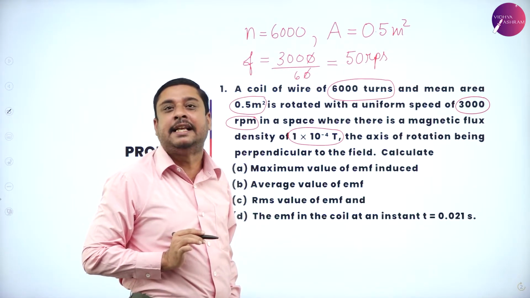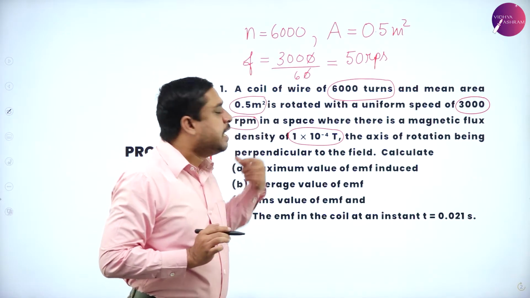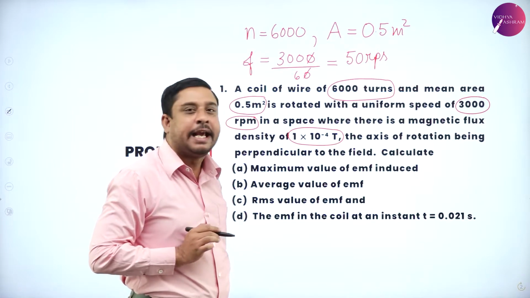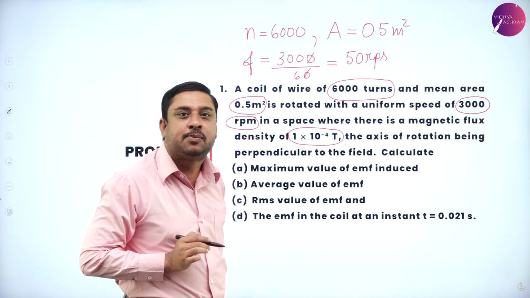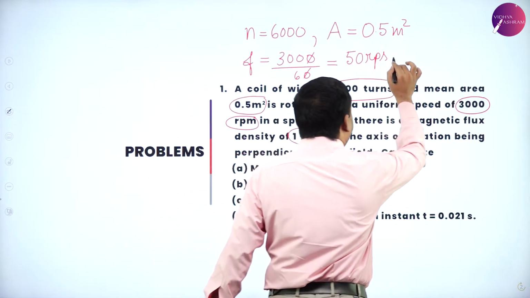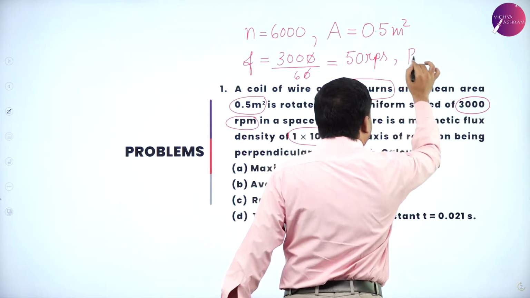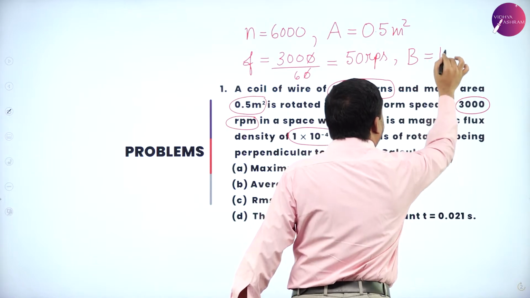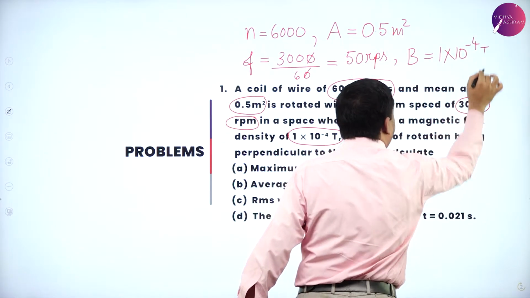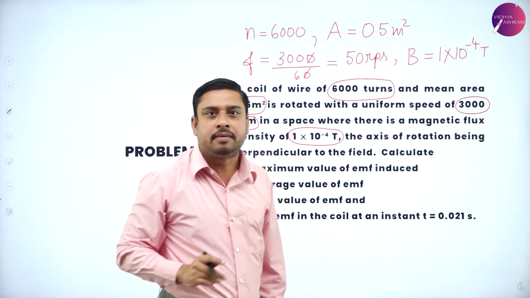I have divided by 60. So 50 rotations per second. And magnetic field strength is 1 into 10 power minus 4 Tesla.